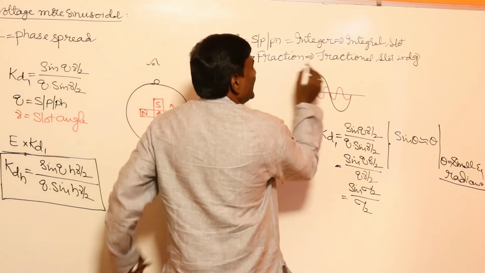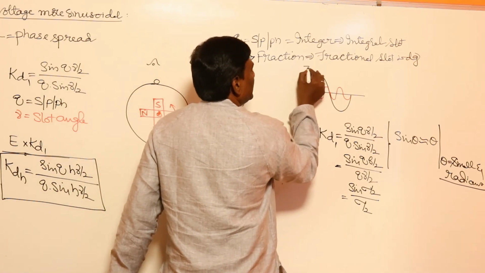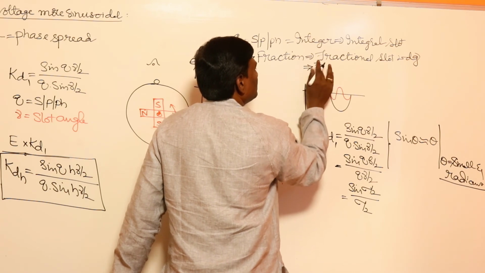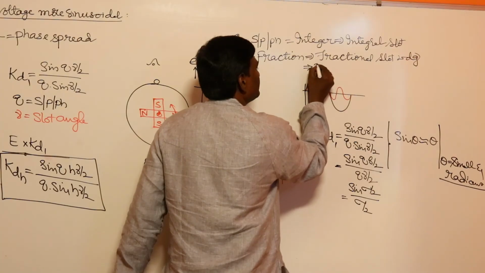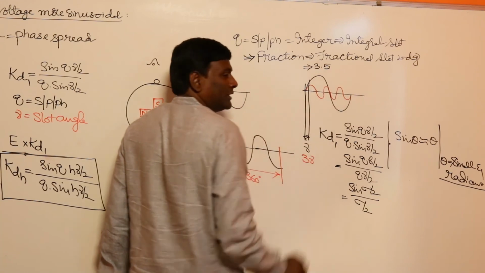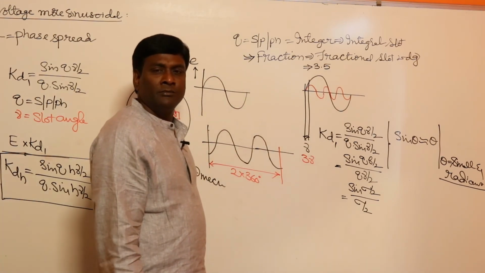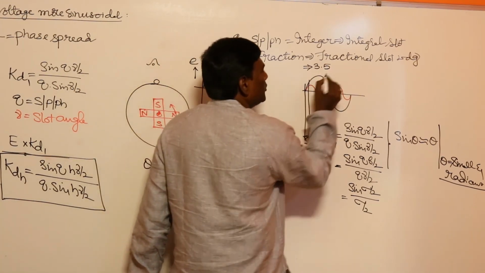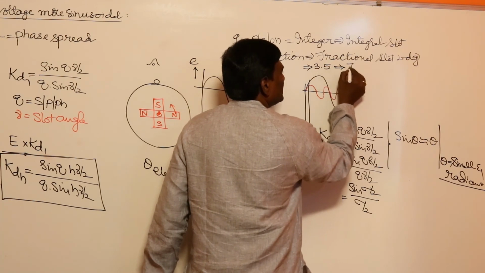Now, if it is a fractional slot winding, for example, if the fraction is 3.5, what we have to do is write 7 by 2.